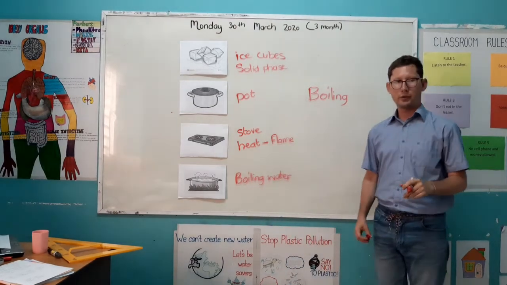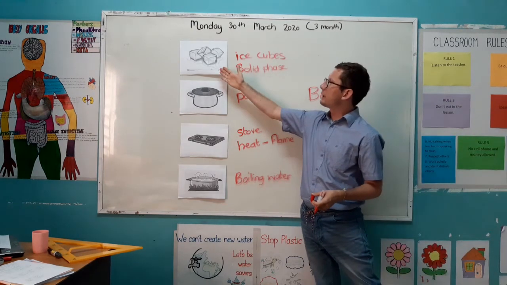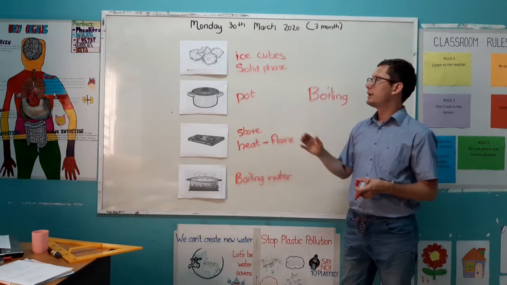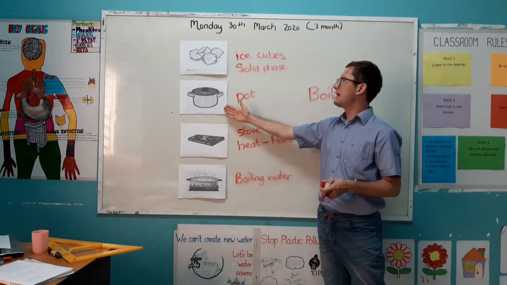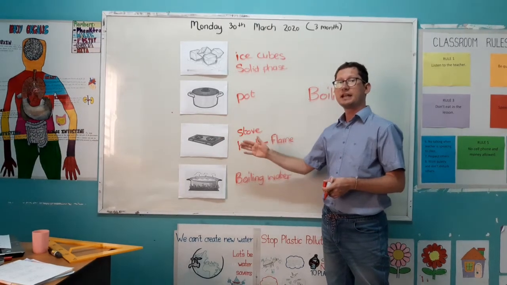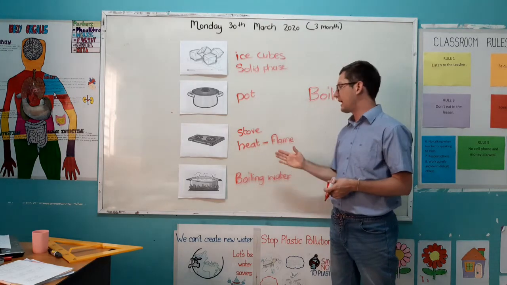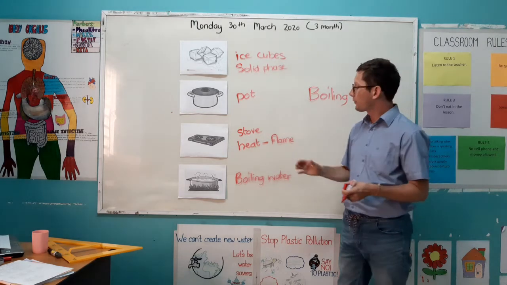Boiling water. Alright. So here you have, let's say again, ice cubes which are in a solid phase. You place the ice cubes in a pot. You place the pot on a stove, because what does the stove give us? It gives us heat. Where does heat come from? It comes from a flame, or it comes from electricity. Okay?